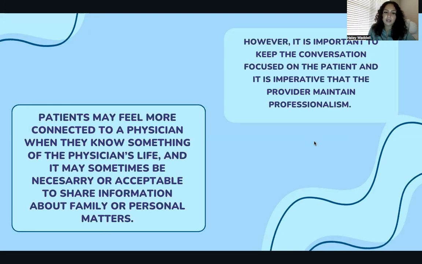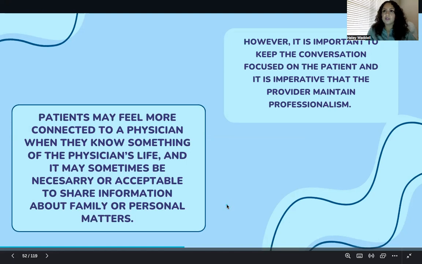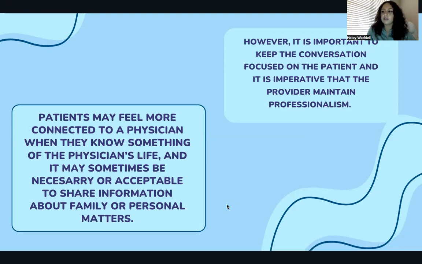Sometimes it's needed to really get to know somebody on a human level, especially when you're considering other treatment options. Sometimes you need to bring in that personal experience to build that rapport and build that trust and that loyalty with that patient. But even if you do share information about yourself, it's important to bring it back around to the patient centered focus, and maintain those boundaries, maintain that professionalism.